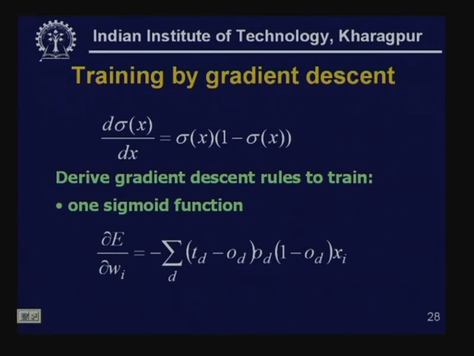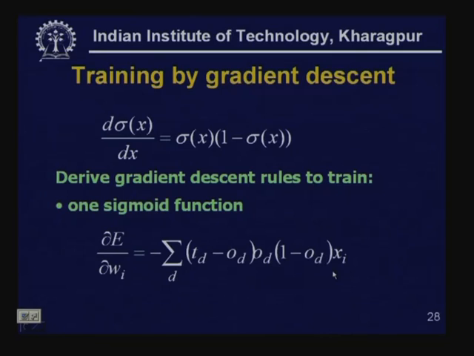We will define the error function as we defined in the last class, and we will try to find the partial derivative of the error function with respect to each value of Wi, and we will see that that value is equal to minus sigma over all training instances d, Td minus Od into Od into 1 minus Od into Xi.